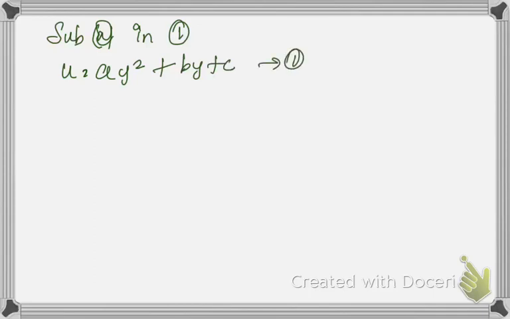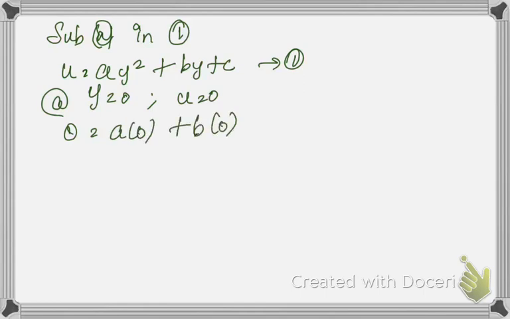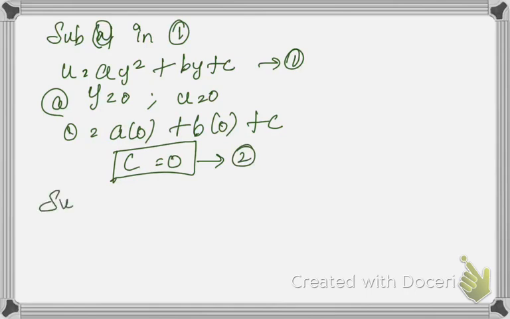So the first condition is y is equal to 0, that is at y is equal to 0, u is also 0. So all the terms are going to be 0 except c, because instead of y I am putting 0. So a into 0 plus b into 0 plus c. So the value of c is going to be 0. Keep this as equation number 2. Next, substitute condition b in 1. What is my b condition?